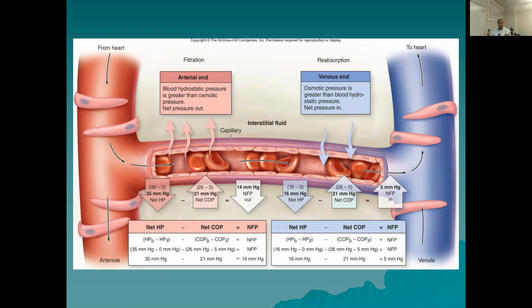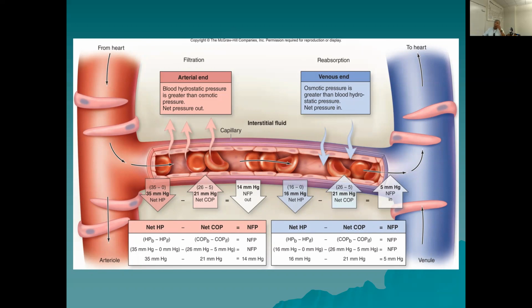And what happens to that 15%? That will find its way to a lymphatic capillary, and it will return to the cardiovascular system eventually in the subclavian veins via the lymphatic system. So interstitial fluid, when it enters lymphatic tissue, becomes lymph. That's on the next page, page 800, role of the lymphatic system.